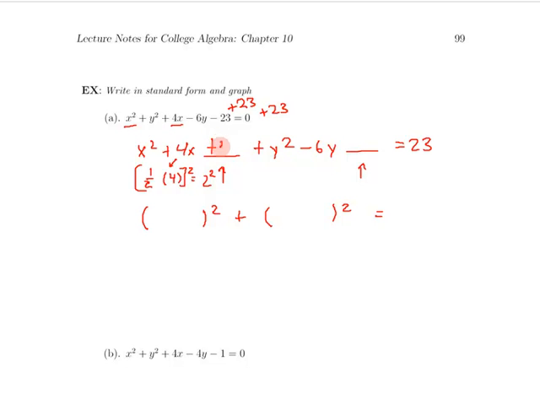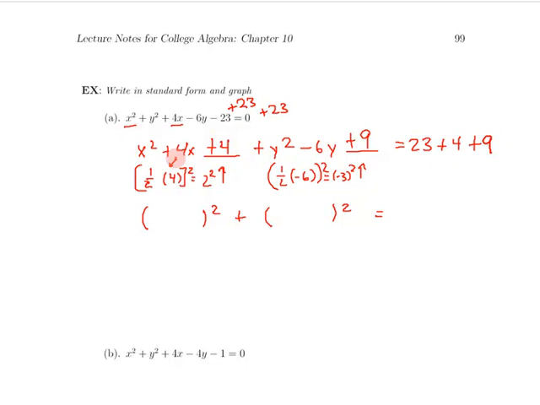So I'm going to add 4, but I can't just add 4 to an equation because I want to. If I do it, I have to add it to both sides so I don't change the equation. So if I add 4 here, I'm going to add 4 here. Now what do I stick in here? Well, I take 1/2 of the negative 6 and square that. 1/2 of negative 6 is negative 3. Negative 3 squared is 9. So I'm going to add 9 to both sides.